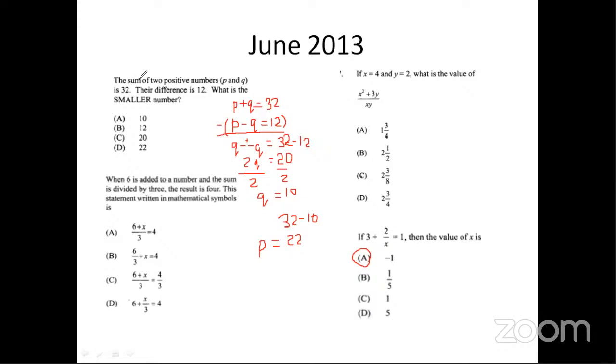Words like sum, words like difference, and this other word, smaller, is very important as well. So we know sum means we're adding the two numbers, and when we add them, we get 32. Difference, we're subtracting those two numbers, letters in this case, P and Q, and we should get 12 when we subtract.